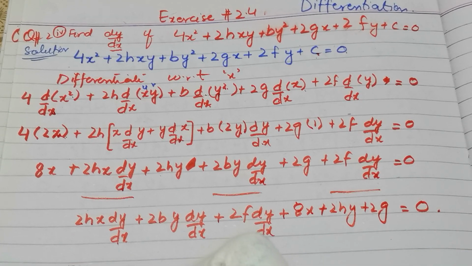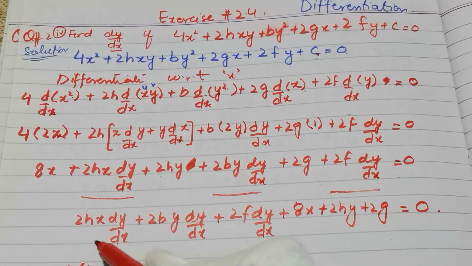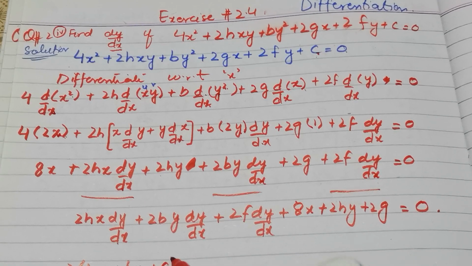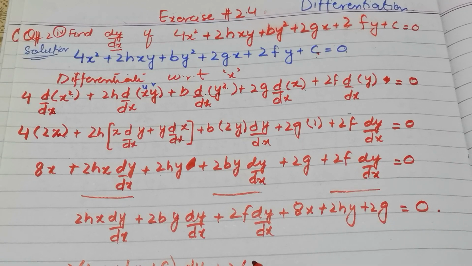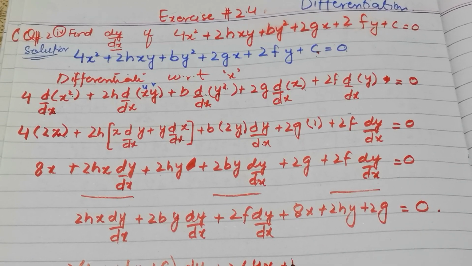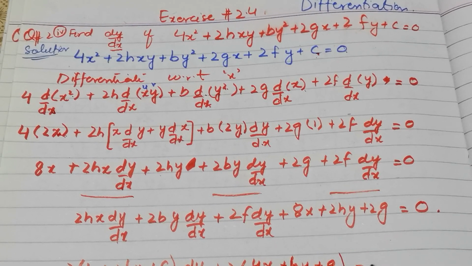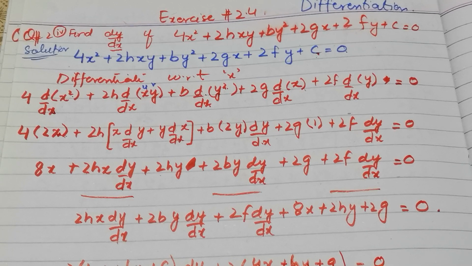Now we will take 2 common from all of these: hx plus by plus f times dy by dx. Now here also 2 is common: 4x plus hy plus g is equal to 0.